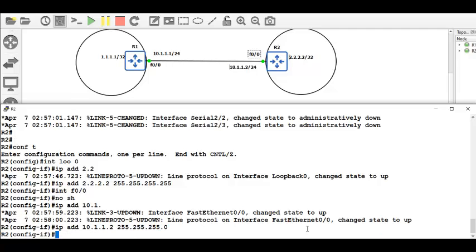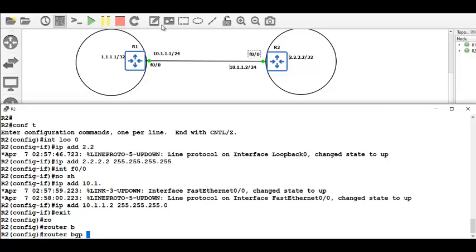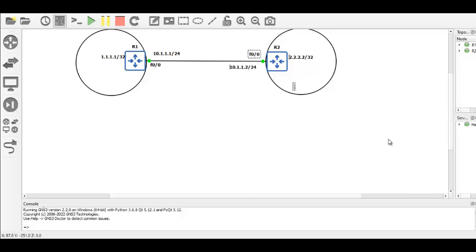Done. So we have the basic IP address configuration. I'm saying router bgp. Let's say the autonomous system number of this is 20. And this one will be 10.